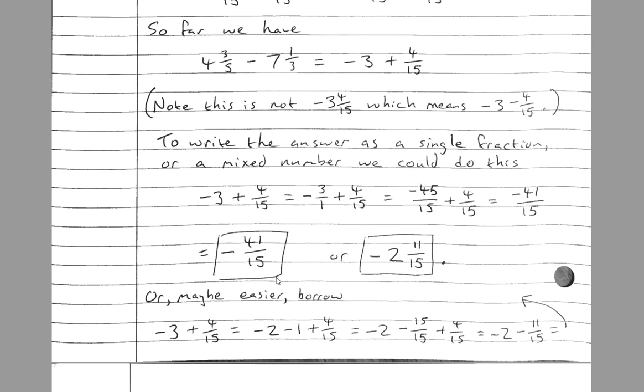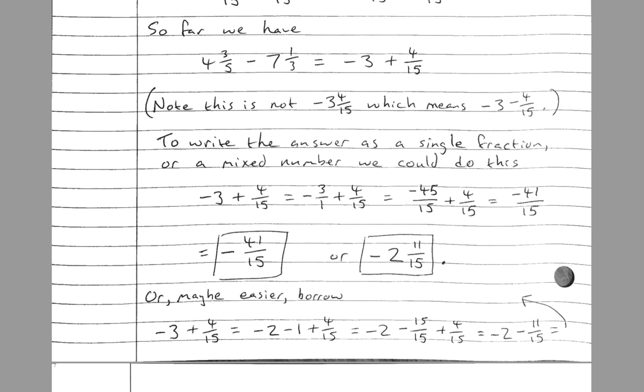Maybe easier, using the borrowing idea we used last time. So this negative 3, you can write it as negative 2 minus 1. And that negative 1 is negative 15 over 15.